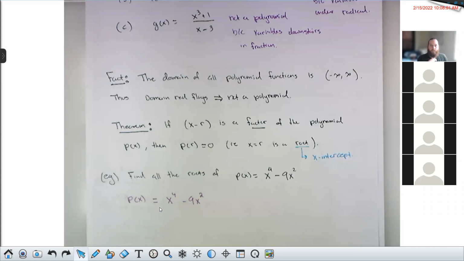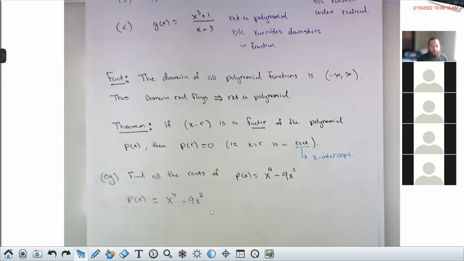Factor out x squared. Yeah, very good, right? The first thing we should do when we're trying to factor any sort of expression is look to see if there are any common factors in all the terms. So this is a polynomial with two terms, and we should ask, are there any factors between those two terms which are shared or common?